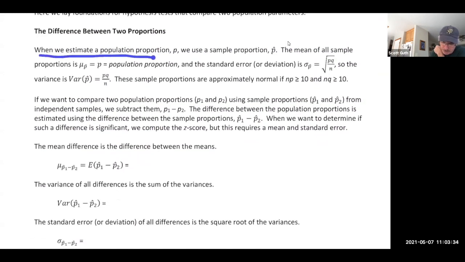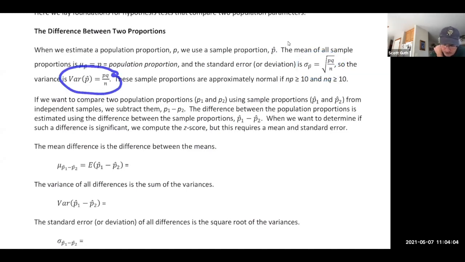When we estimate a population proportion P, we use the sample proportion P hat. The mean of sample proportions, mu P hat, is P, the population proportion. So the mean of sample proportions is the population proportion. And the standard error you've seen repeatedly, it's the square root of PQ over N. Okay, now remember, standard errors or standard deviations don't have cool properties.